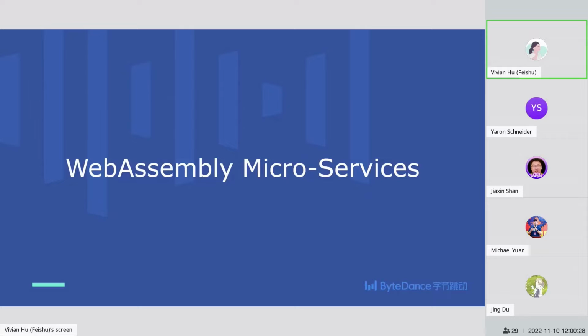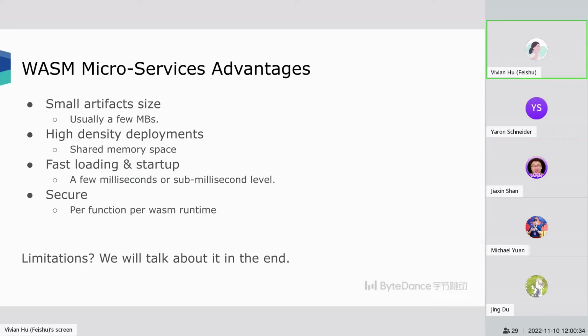Okay, so now I will cover WebAssembly microservices in our Bytedance. Here I will show the advantages of using WebAssembly to run microservices. First, it's small. If you compile your code, most of the time it will be a few megabytes in size.